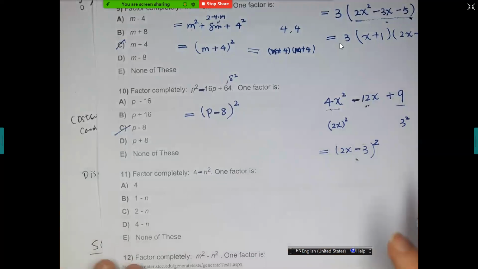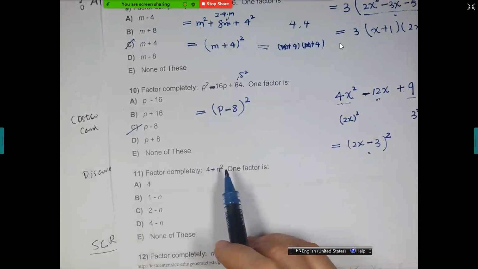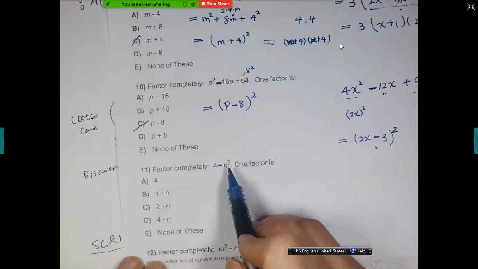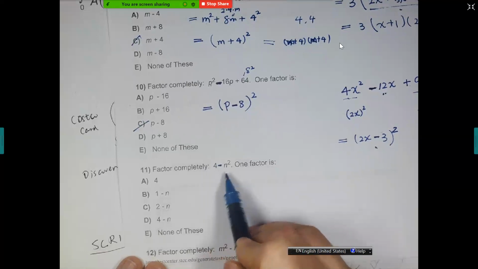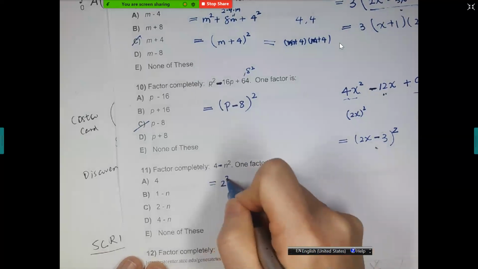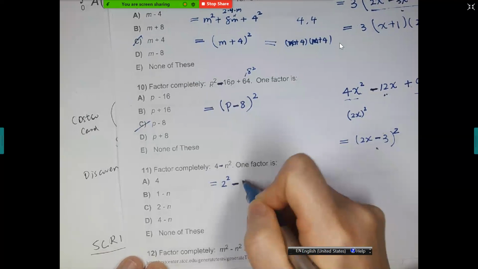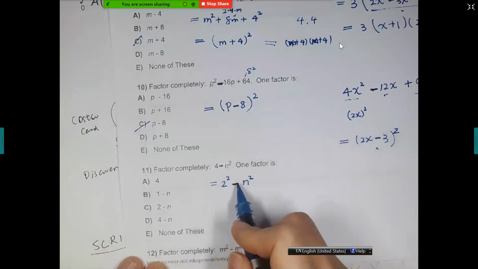Forget about that case. When you see a binomial, always check the GCF. If there is no GCF, it can only be factored as squared minus squared, as we see right here. 4 is what? It turns into 2 squared, that's 4. Minus, always a minus here, n squared. So squared minus squared.